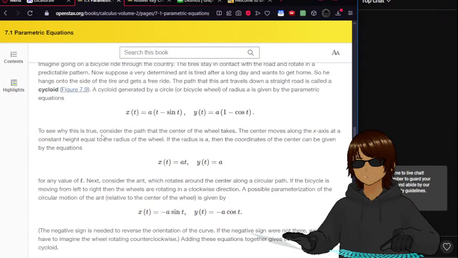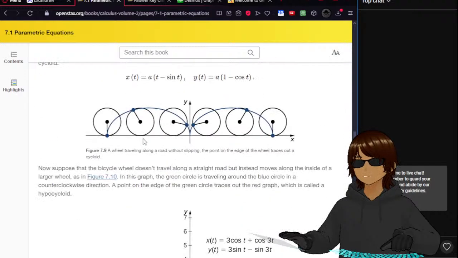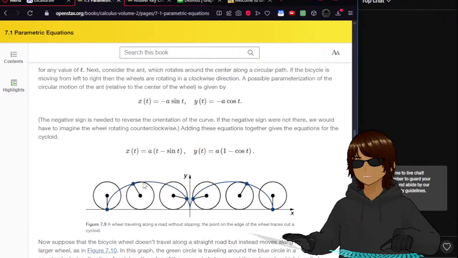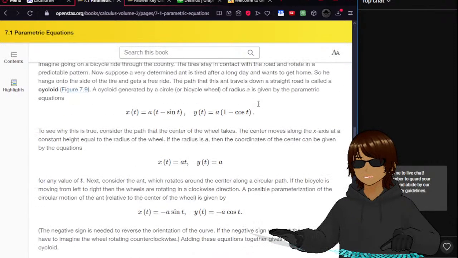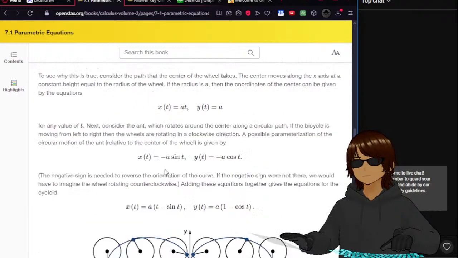To see why this is true, consider the path that the center of the wheel takes. The center moves along the x-axis at a constant height equal to the radius of the wheel. So a is the height of the wheel. Sorry, a is the radius of the wheel.